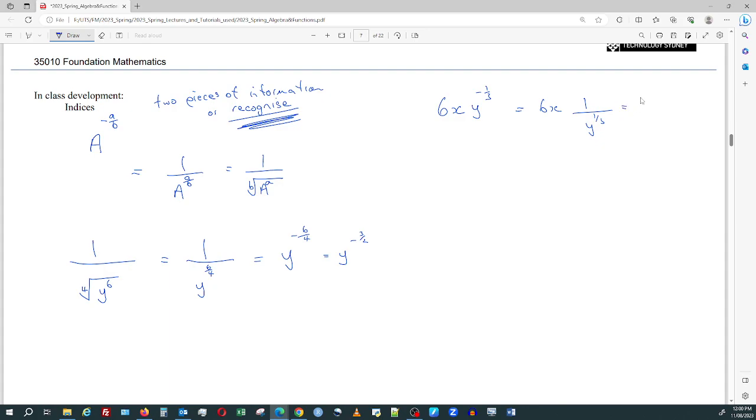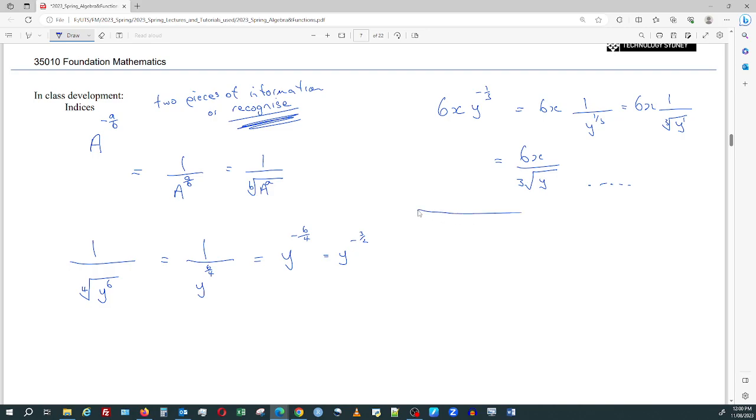Okay, there's the first term remaining. The fractional index gives us a radical. It's the cube root of y to the 1. And I didn't even need to write that. And I can put that on the top. Why do we need this? We need it in calculus. We need to be able to do the gymnastics in calculus.